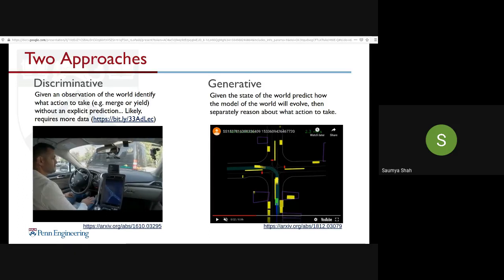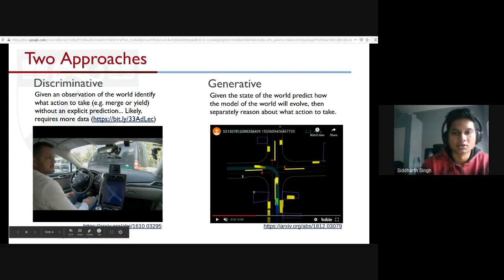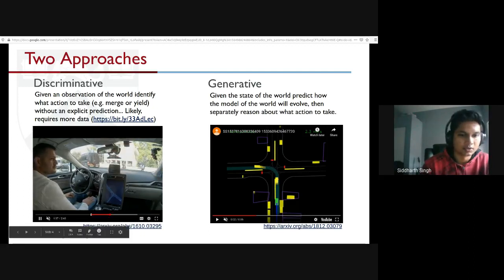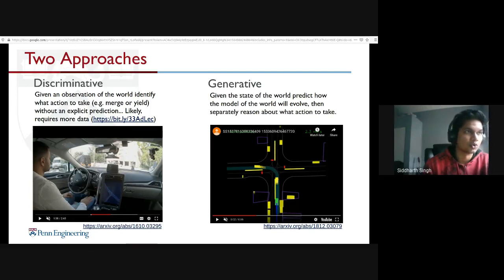Thanks. Okay. All right. So just for Soumya, in the videos you see a bunch of boxes and you see lines which look like roads. What Waymo did was take all the sensor data and create a very simplified visualization of the environment around it. The ego car is green. All the obstacle vehicles are yellow.